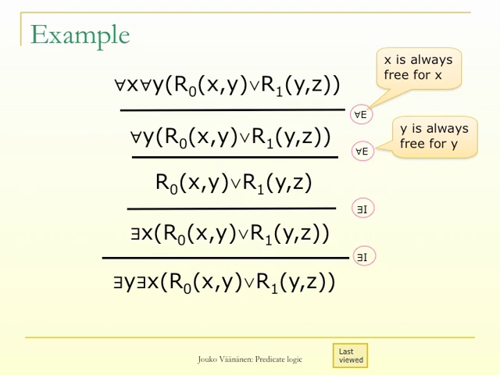So these were surely permissible. For the introduction of the existential quantifier, we just need to make the same observations, that x is free for x and y is free for y. So we are done. And here is the deduction.